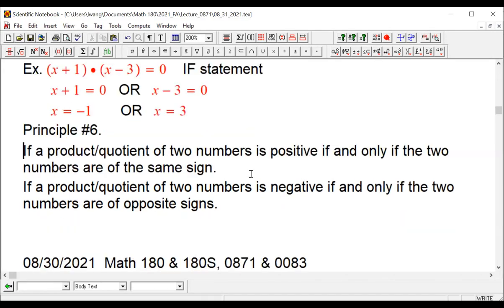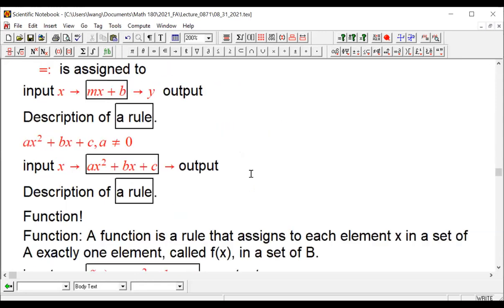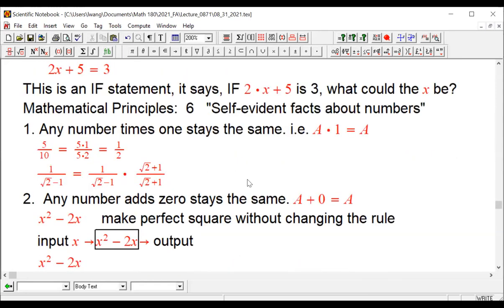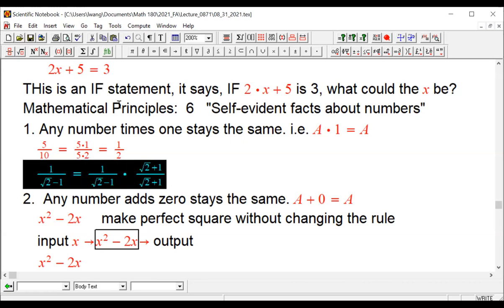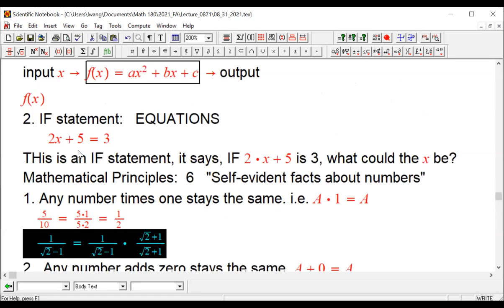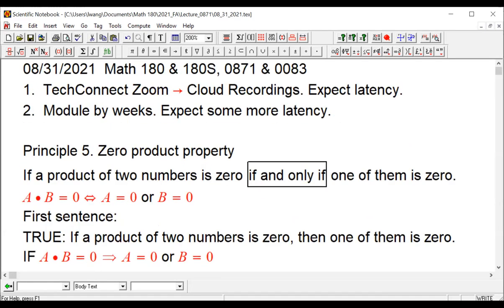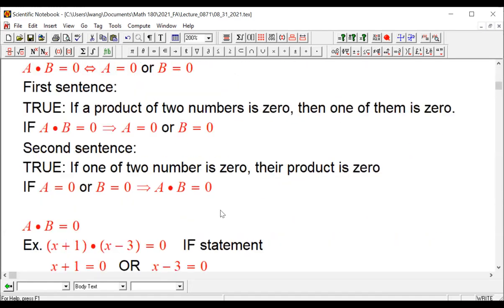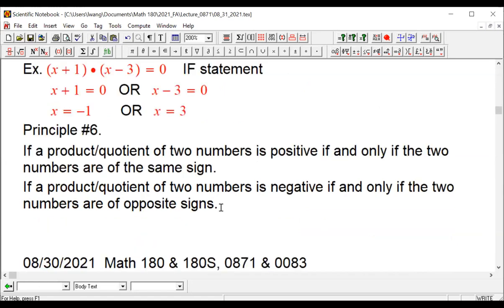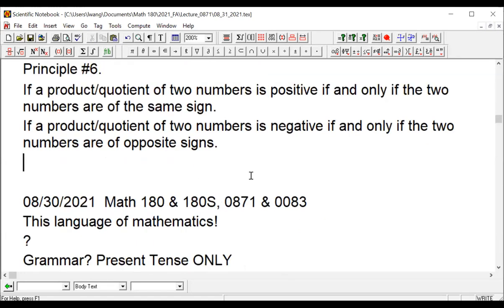Now, all six principles are covered. I want to have a little fun with you guys. I want to see how you can rationalize. I want to see how well you can do your algebra.